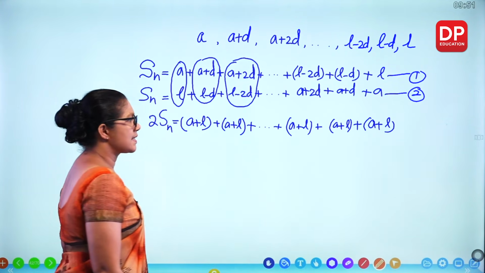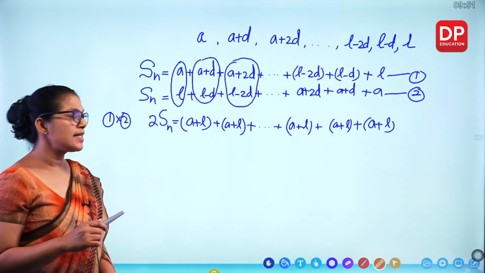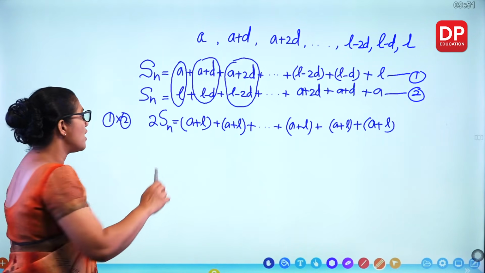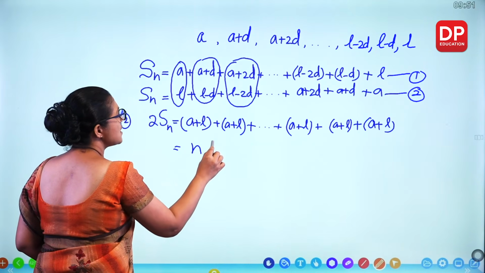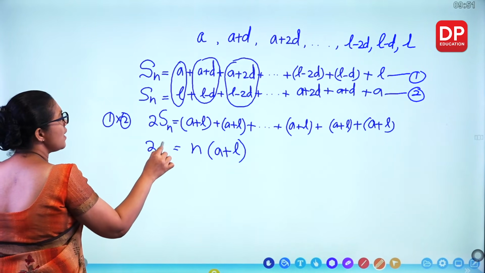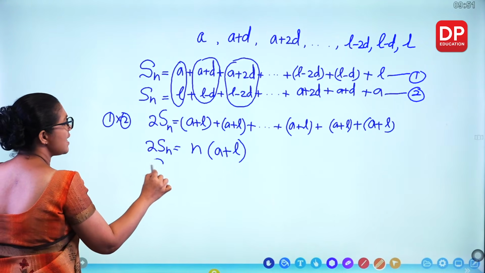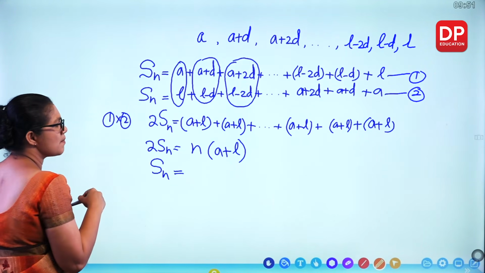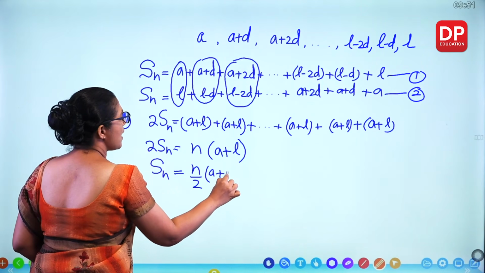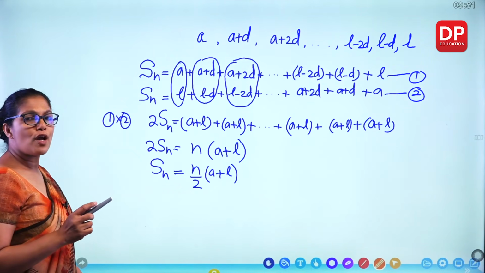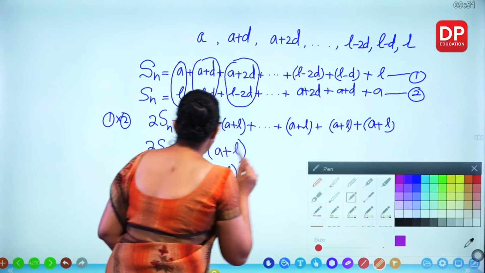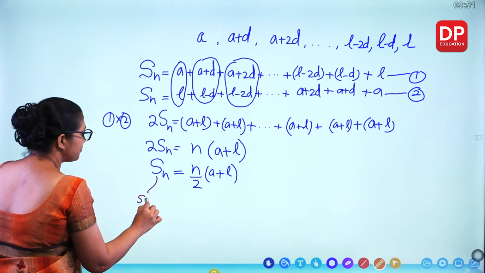So how many times are you getting the A plus L term? This is the n-term formula, so n times A plus L. So 2Sn equals this. So what is Sn? You can make Sn the subject: n over 2 times (A plus L). Now you get a formula for the sum of the first n terms. What is Sn?